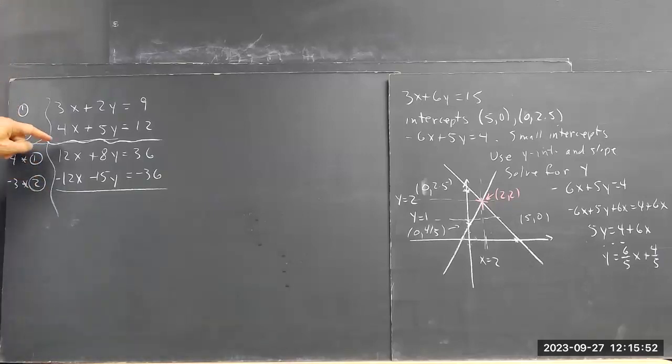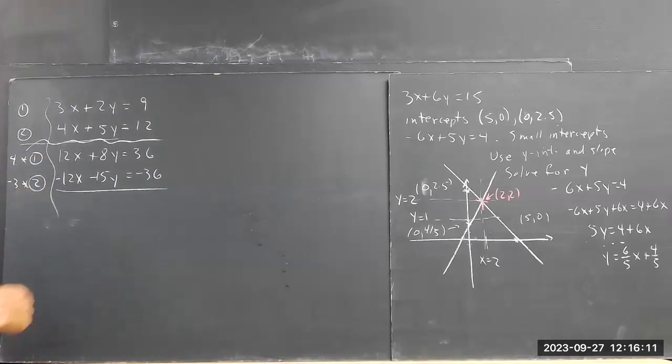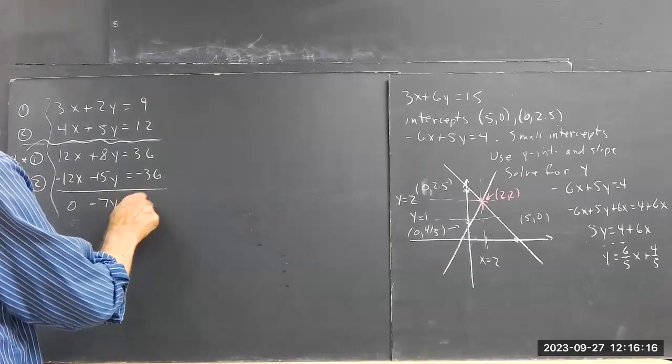Well, it's because 4 times 3 is 12. That's how we got this. 4 times the first equation, we'd have 4 times the 3x. And 3 times 4 is 12. So 3 times 4x would be 12x. But I want it to be negative, so I use negative 3 times the second equation. That's going to give me 0 minus 7y equals 0.